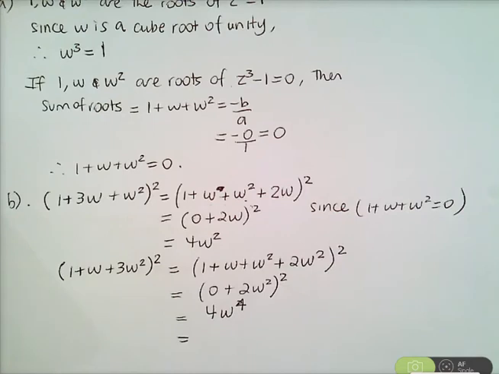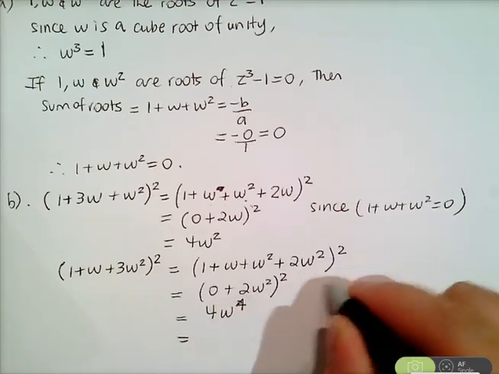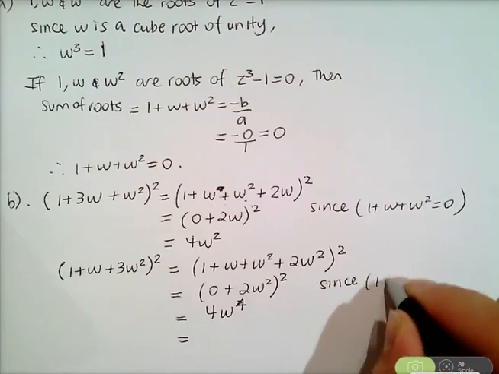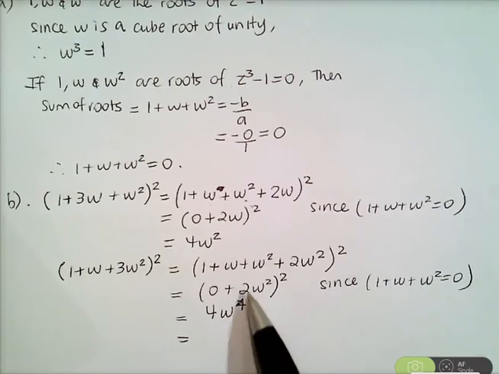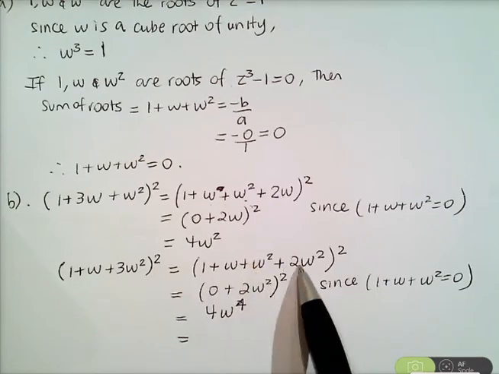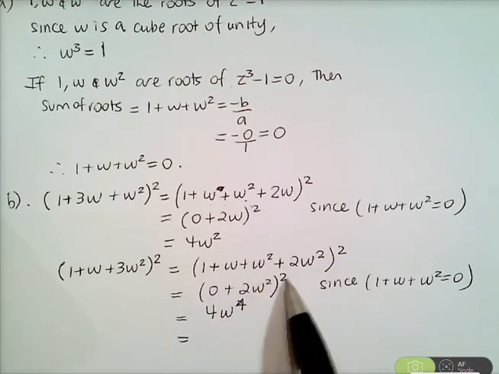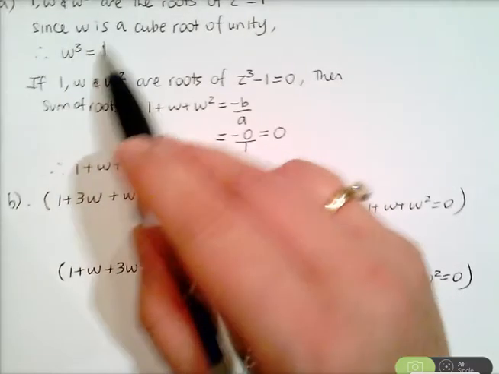Now, we know that, and again, this was since 1 plus w plus w squared is equal to 0, so we've got that equals 0 plus 2w squared all squared, which is 4w to the power of 4. Now we know from earlier in the question that w to the power of 3 is 1.